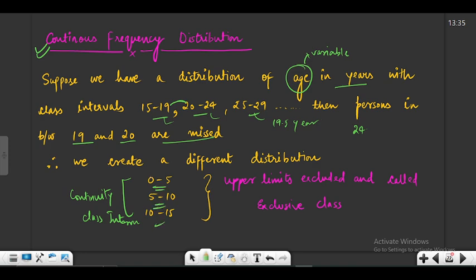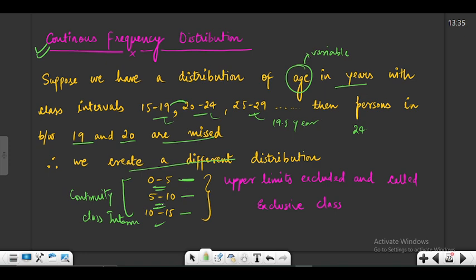So we can create a different distribution. So the age can be from 0 to 5. So we can collect the data of individuals from 0 to 5 years of age, and we can mark the frequency. Then we can go for 5 to 10 years of age. Then we can go for 10 to 15 years of age, and similarly we can go on for other age ranges.